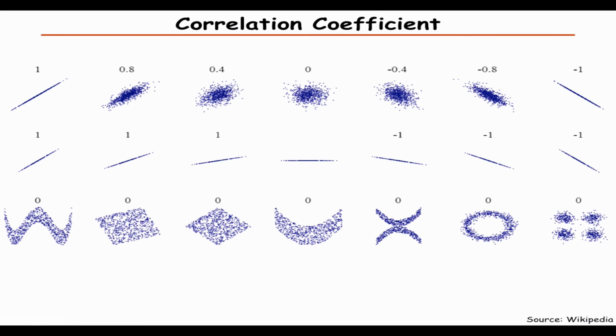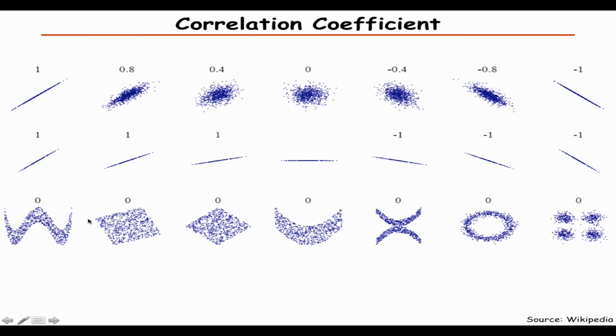So this is from Wikipedia. You can have a look. They have different examples of what different correlations look like. Again, we have the positive 1. This is 0.8, 0.4, and then 0, where there is no correlation.